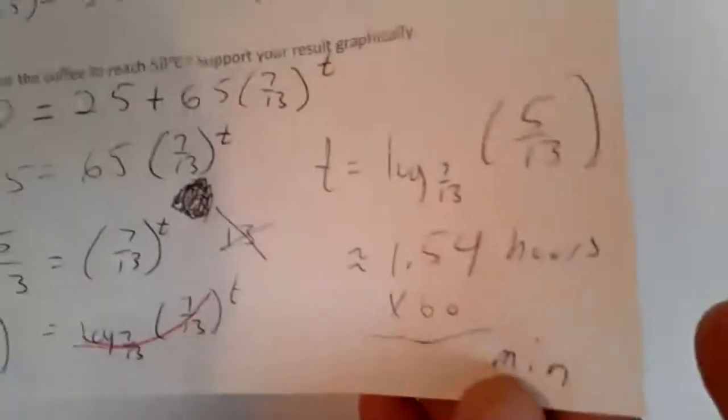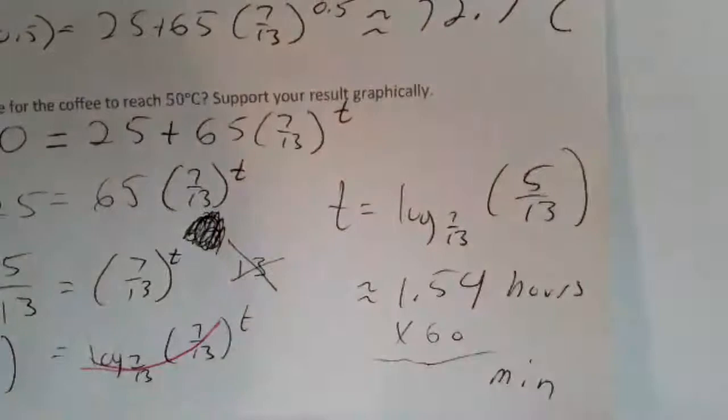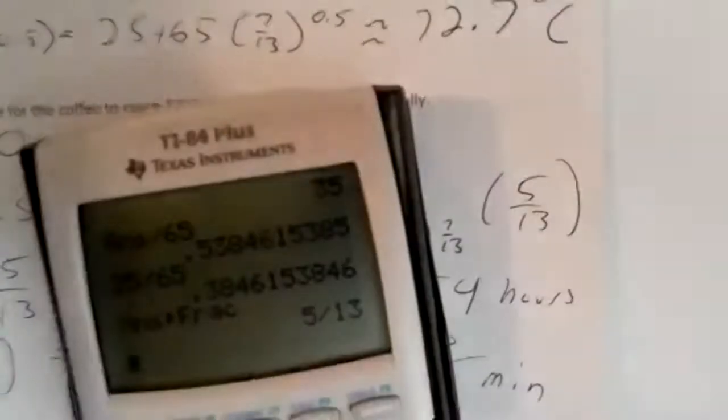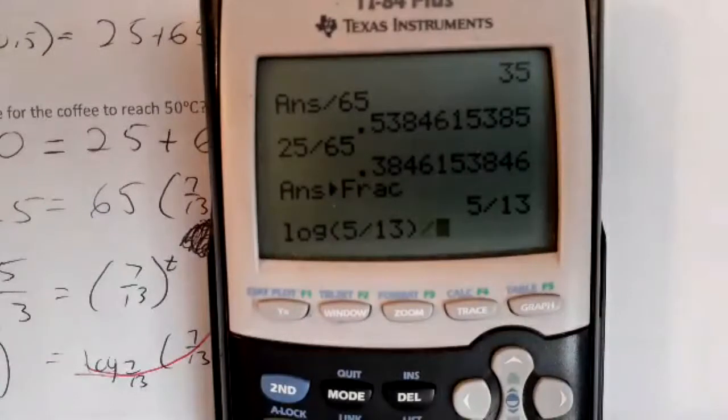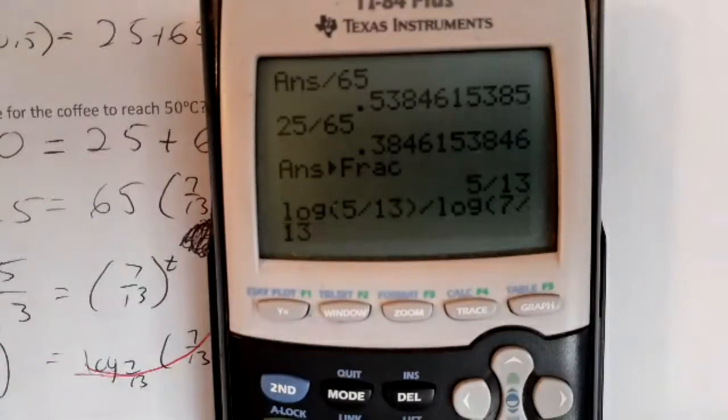Could you maybe show us how to do that last part with the calculator? For some reason, in my calculator, I'm not getting the same output. Okay, I'm hoping I did it correctly. So 5 divided by 13 is the top one. The bottom one is log of 7 divided by 13.